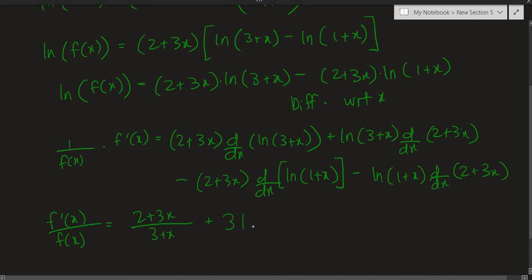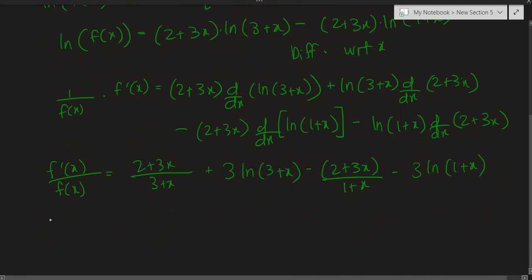So we have 3 times the natural log of 3 plus x, and now minus 2 plus 3x divided by 1 plus x, minus the derivative again is 3, so negative 3 times the natural log of 1 plus x.